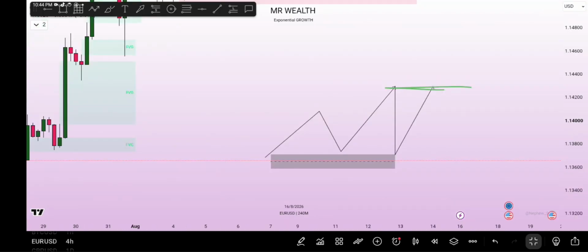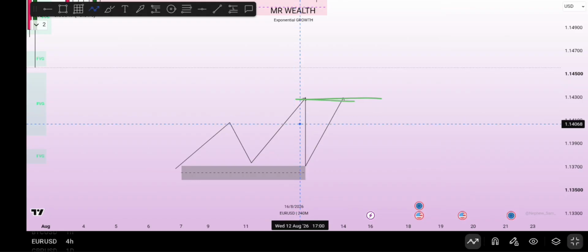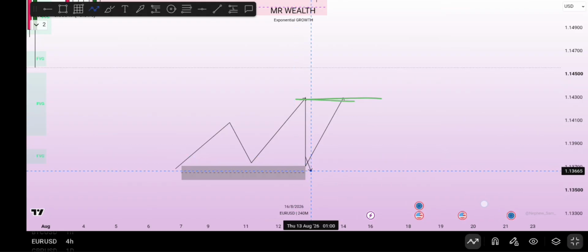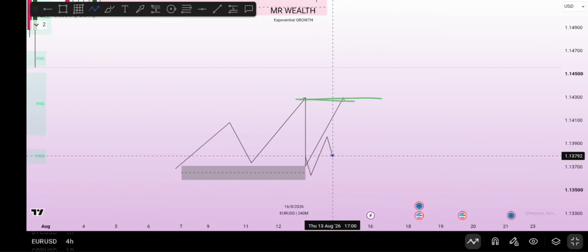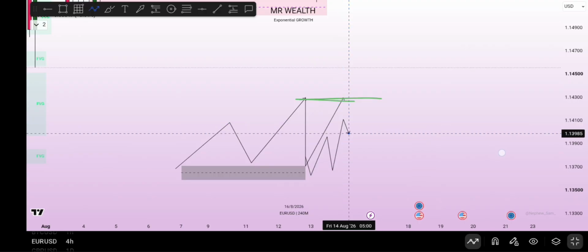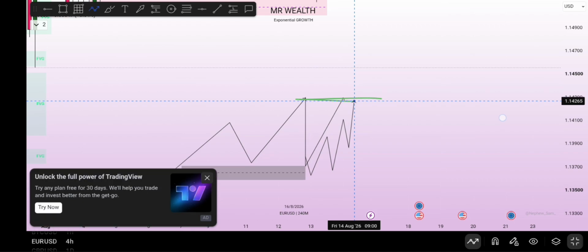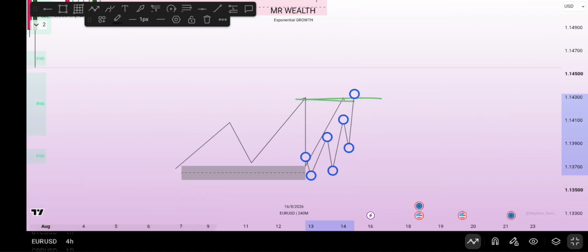As I was saying, we are showing the internal structure of the swing move. What I taught in the first part was the swing structure, but now we'll be showing the internal structure of this leg.